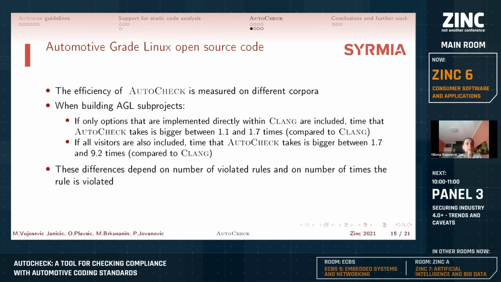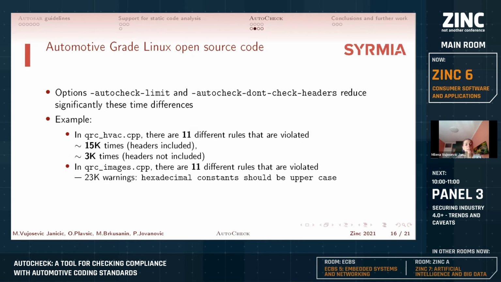And on the next slide, you can see some examples. And the important thing is that these two options that I mentioned can significantly reduce these times, because in this file, for example, there are 11 rules that are violated, but these rules are violated a huge amount of times, and especially if headers are included.